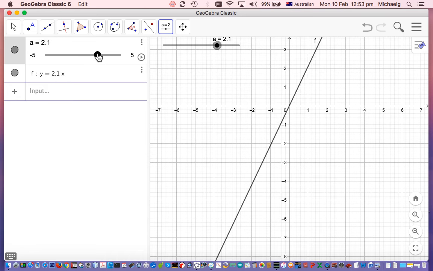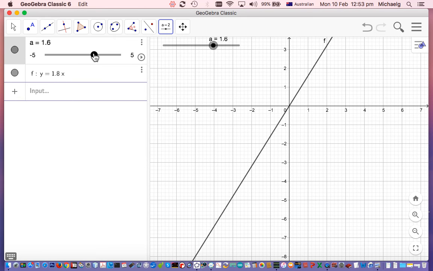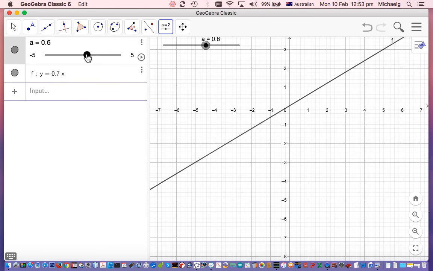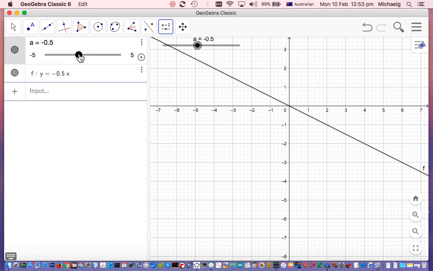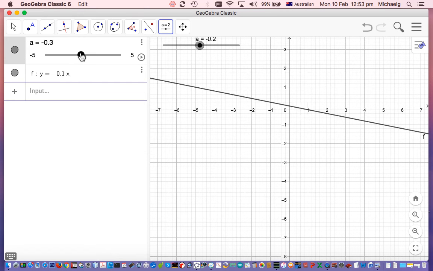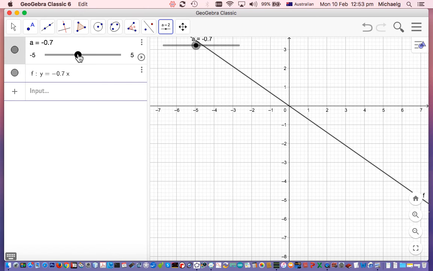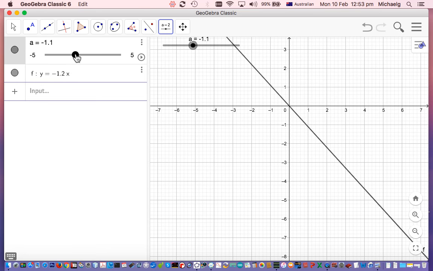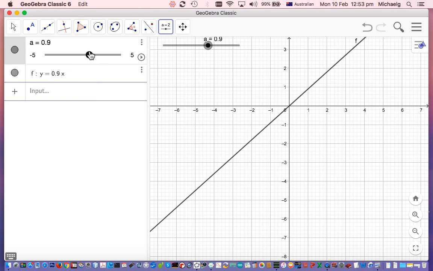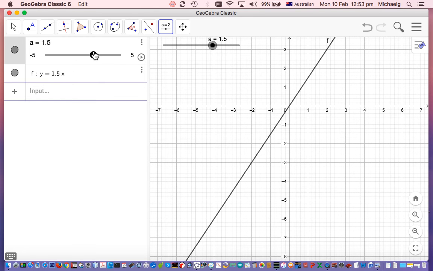As we vary this constant, you can see the slope changes. It's always going through the origin. Now, look what happens when this constant becomes negative. Voila. This negative slope is also directly proportional, but it's negatively proportional. It's a form of directly proportional.